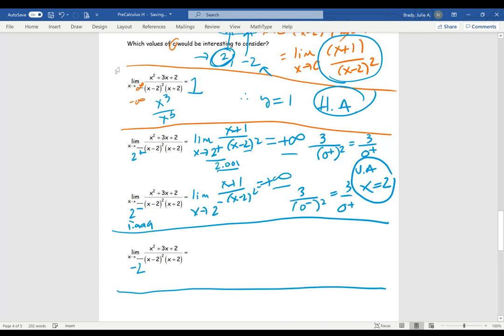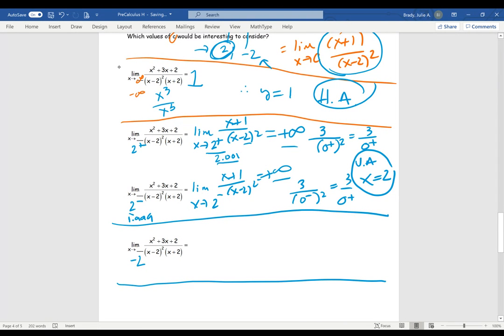Okay, last one. Now we're going to do the same thing. We're going to check negative 2. And why don't I need to look both ways? Because when I reduce the function, I get x plus 1 over x minus 2 squared, and I can just evaluate that function. So minus 2 plus 1 over minus 2 squared, which is minus 1 over 16.